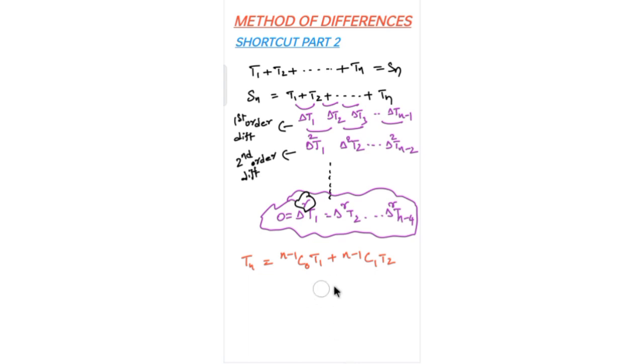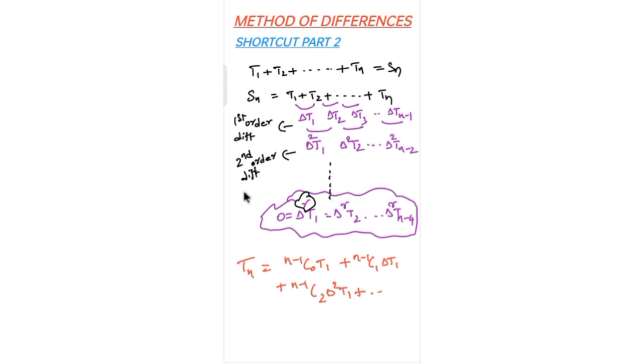I shall write it from the first so that you can avoid a bit of confusion. The general Tn is written in this form: n minus 1 C0 T1 plus n minus 1 C1 delta T1 plus n minus 1 C2 delta square T1 plus so on.